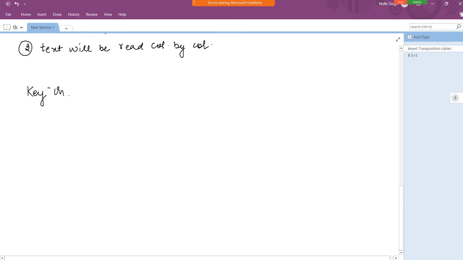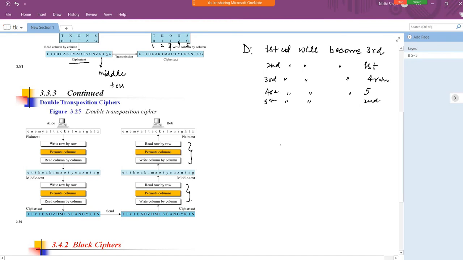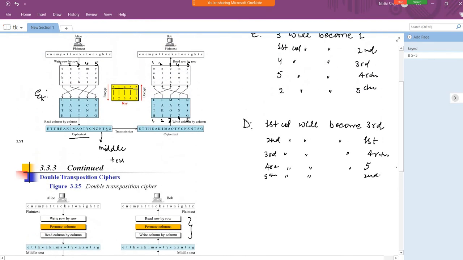Now the key inversion algorithm in the transposition cipher. In the previous example, the decryption key is nothing but the indexing value, that is 1, 2, 3, 4, 5.